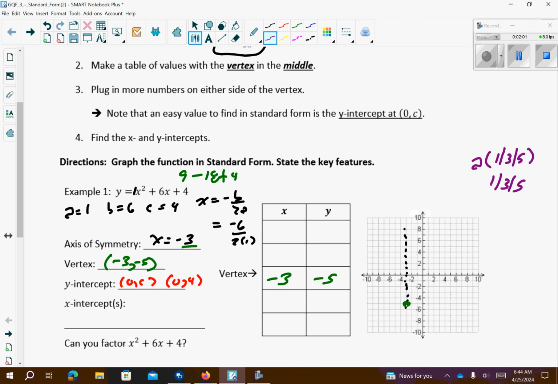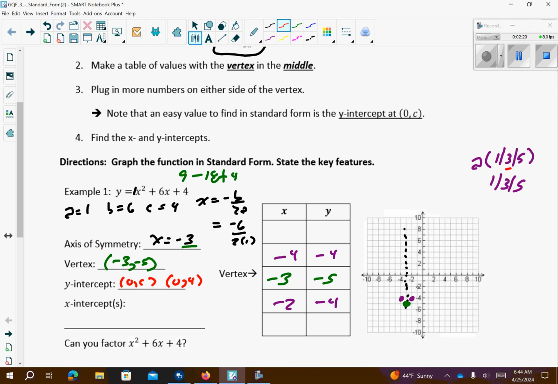From my vertex, I'm going to go right 1, up 1, left 1, up 1. And notice that gives us 2 more points that are the same. Then I'm going to go right 1 from our purple dot, up 3, because that's our next number.